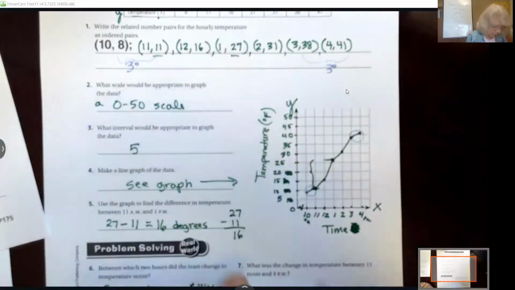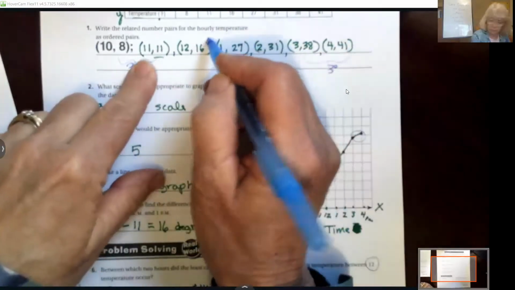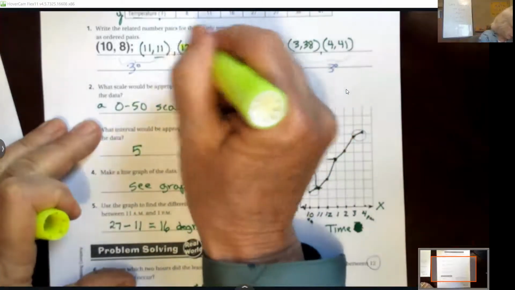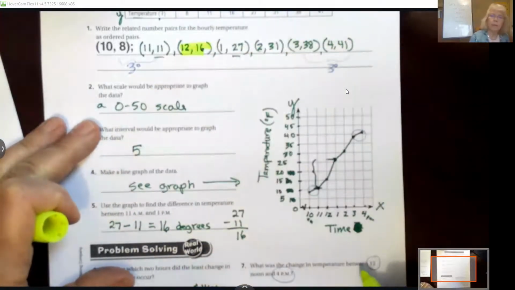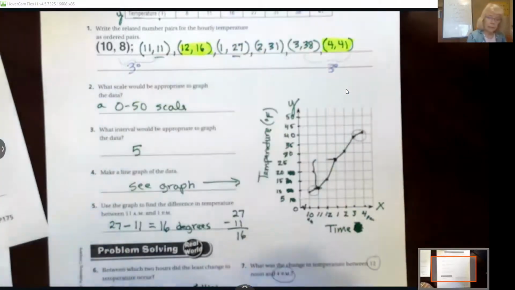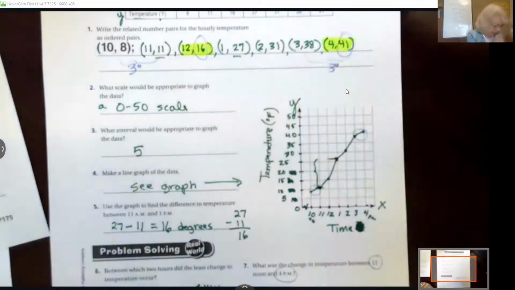So let's look at our 12 o'clock data, that's this one, and our 4 p.m. data, which is this one. And our temperatures are these 2 numbers, 41 and 16.